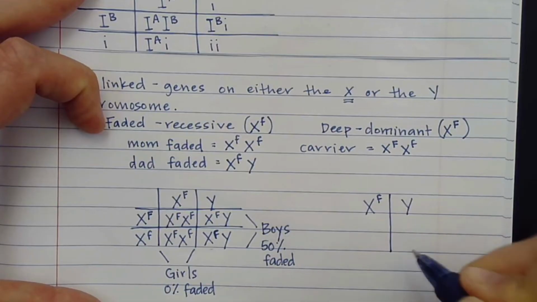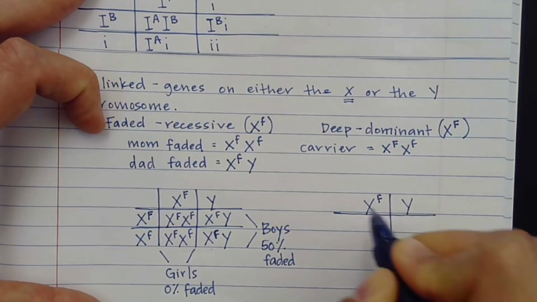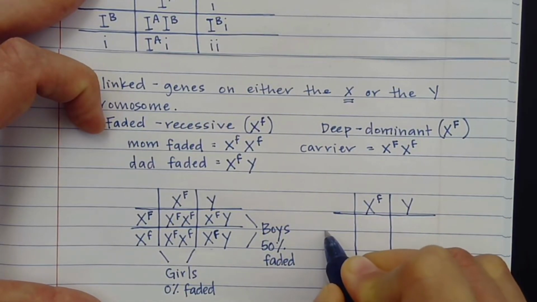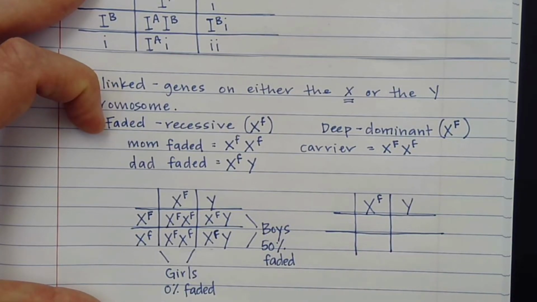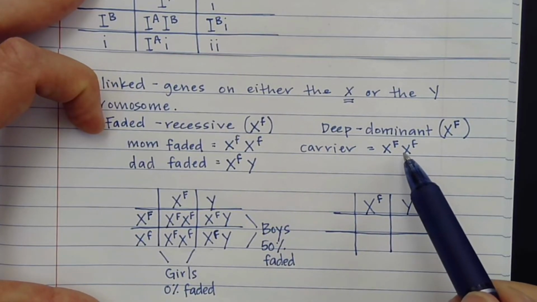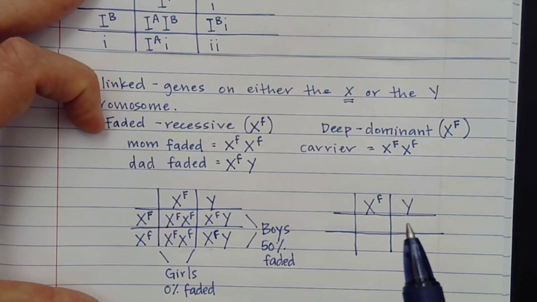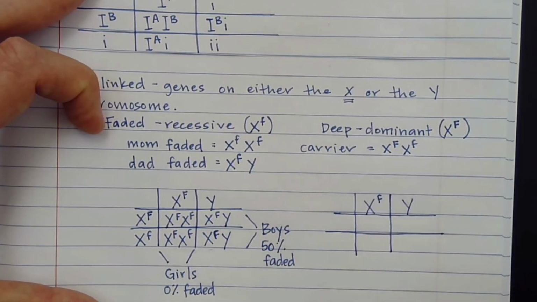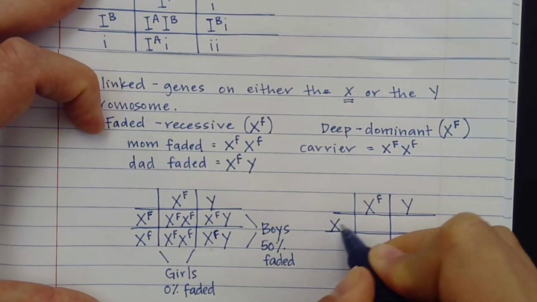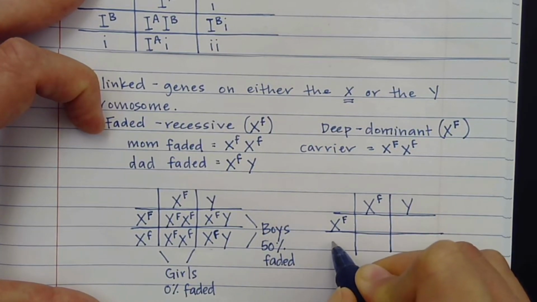He's a boy, so he's XY. Now let's say that he ends up with someone who is not a carrier, so they are a dominant deep for both of these alleles.